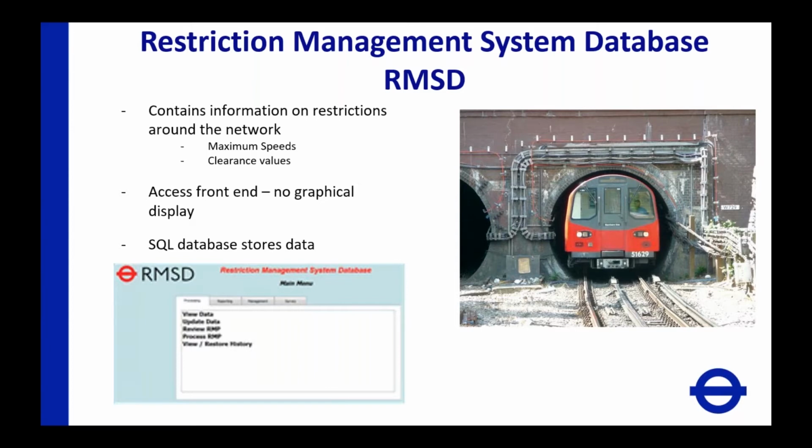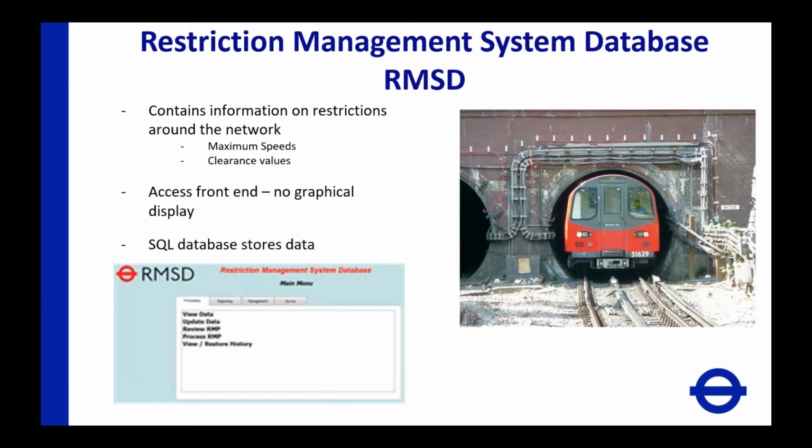So we record all the clearance values, so how much space is available on either side and on top of the train. And this also influences things like the maximum speed that a train can go along particular parts of the network. Obviously, if it's a very restricted part of the network, we're going to take the trains slower around corners and things like that.